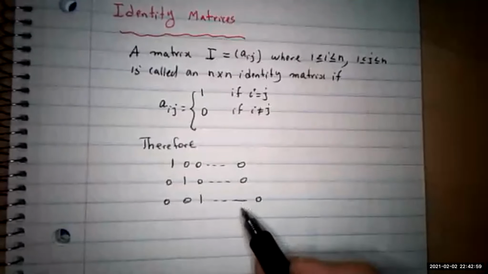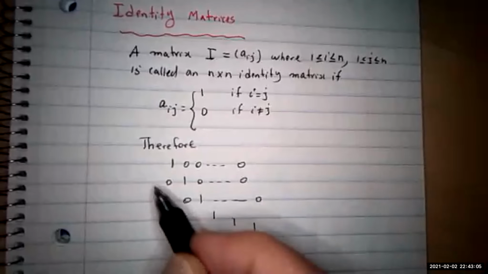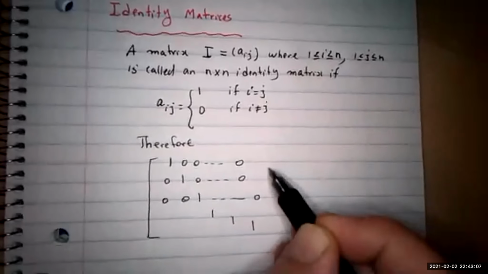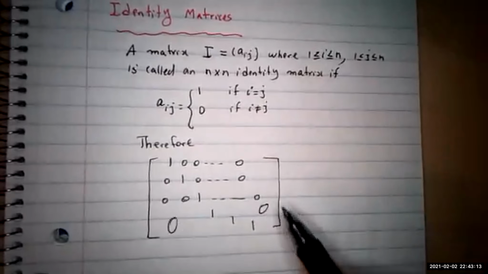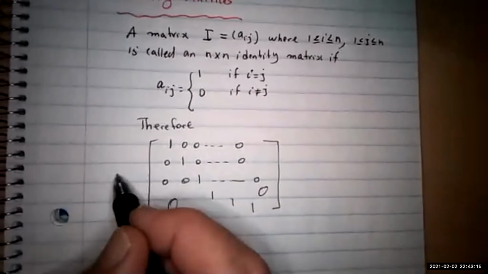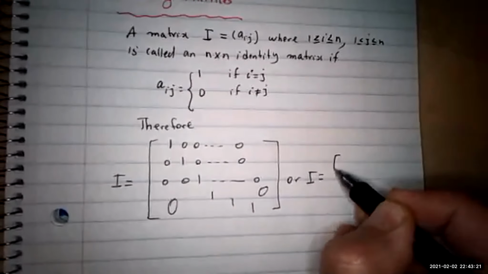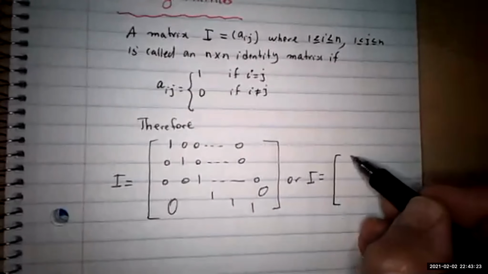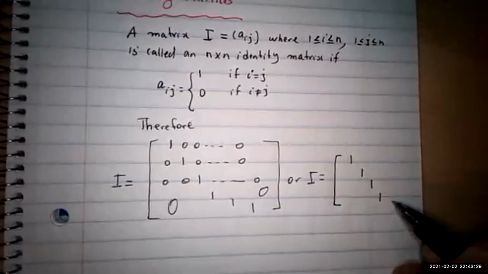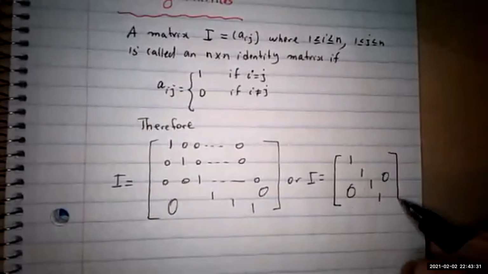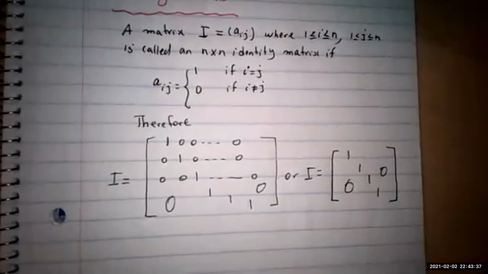So it's going to be 1, 1, 1, etc. along the diagonal. Anywhere else it's all zeros. So I is equal to 1, 1, 1, 1 on the diagonal, and everywhere else is 0.